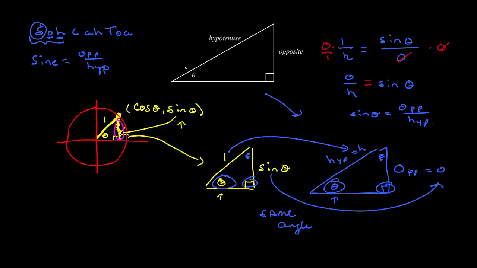And so that definition for SOHCAHTOA, sine being opposite over hypotenuse, comes from using similar triangles and taking a larger scaled up version of a triangle off of the unit circle.